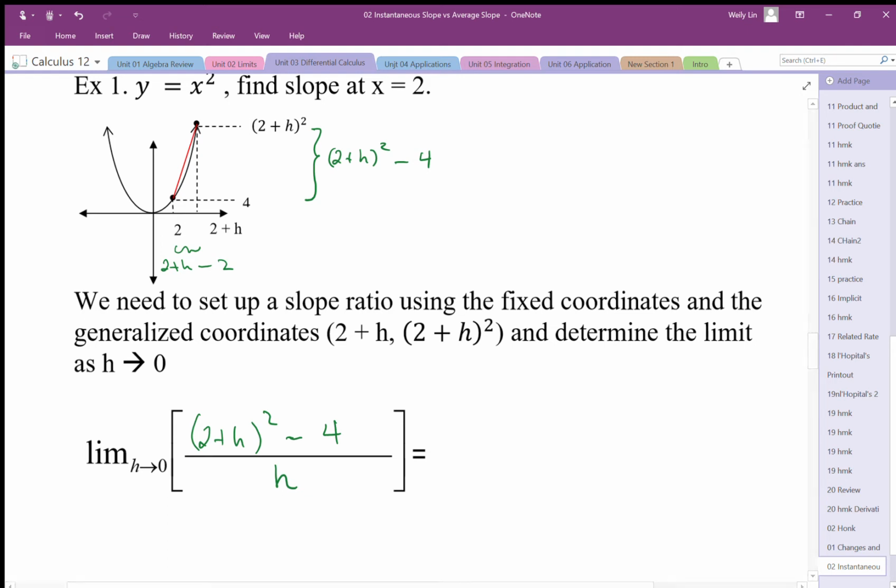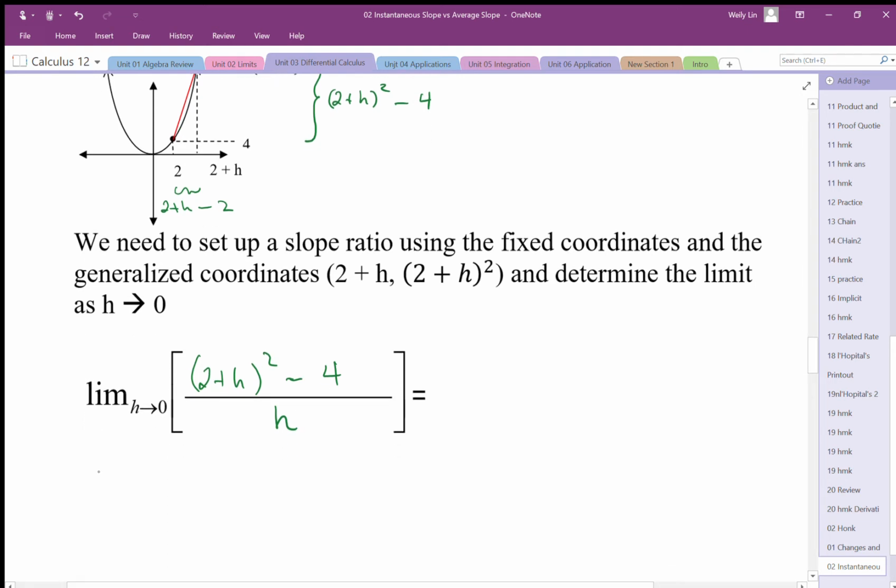I have to be able to algebraically rearrange this, and hopefully I can work that out. I'm going to see if I can get rid of that divide by 0 and figure out what that slope is supposed to be. So the limit as h goes to 0 of 4 plus 4h plus h squared minus 4, all over h.